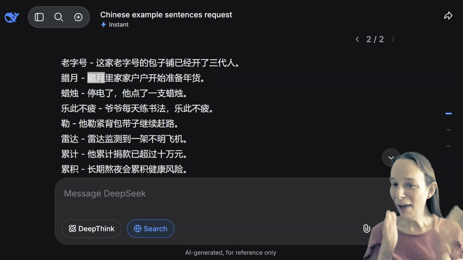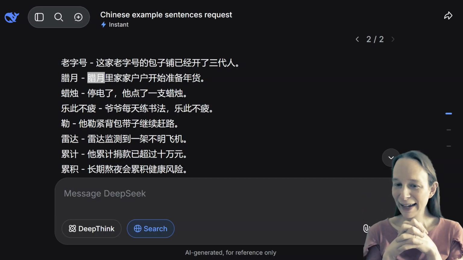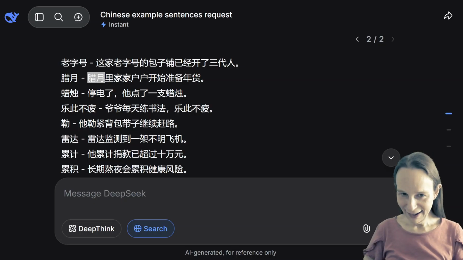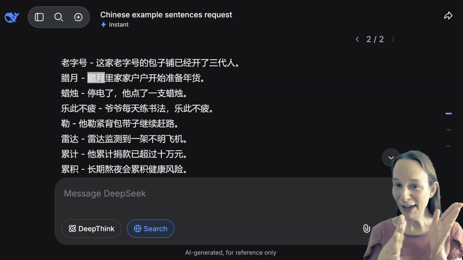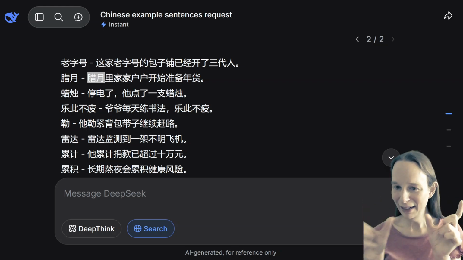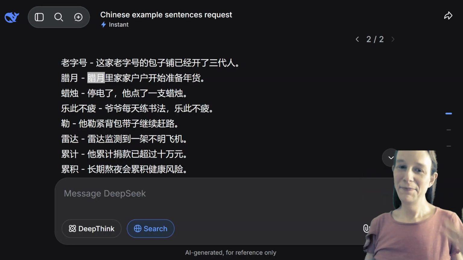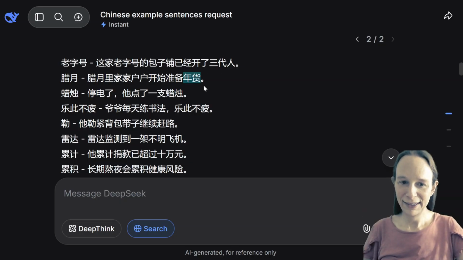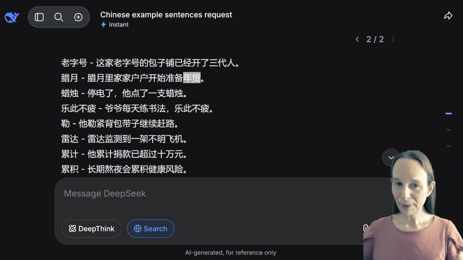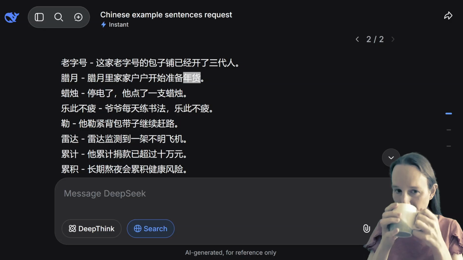So you remember 腊月? 腊月 is the last month of the lunar calendar. What happens after 腊月? 正月. So the transition from 腊月 to 正月 is Spring Festival. And so people are buying goods to celebrate Chinese New Year, right? All right.